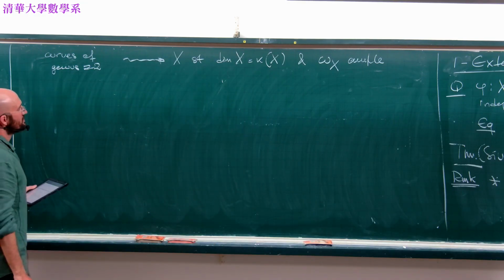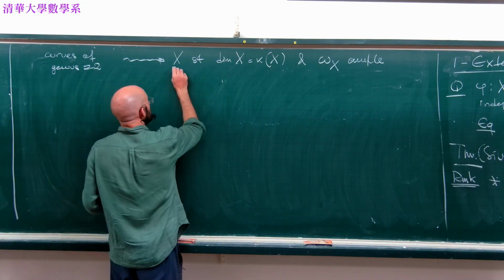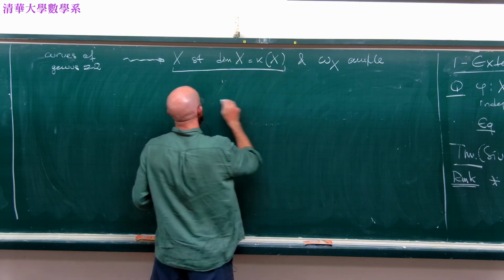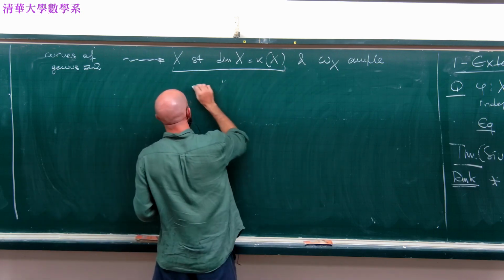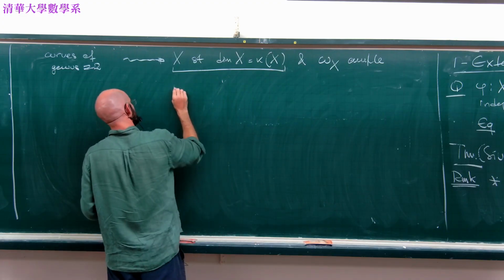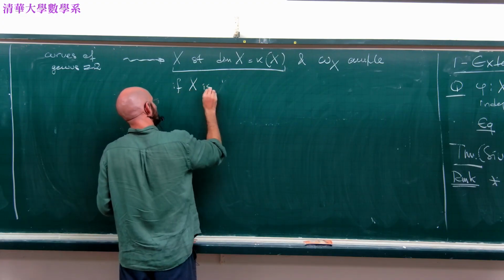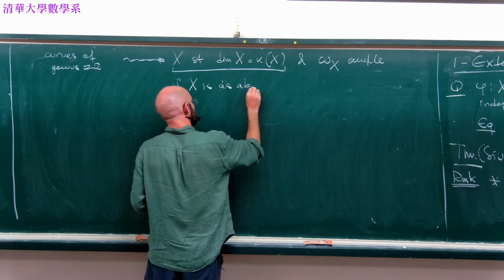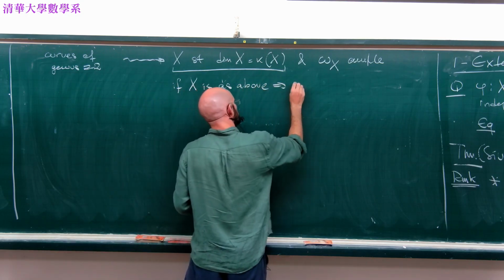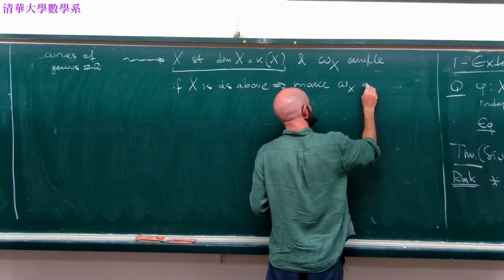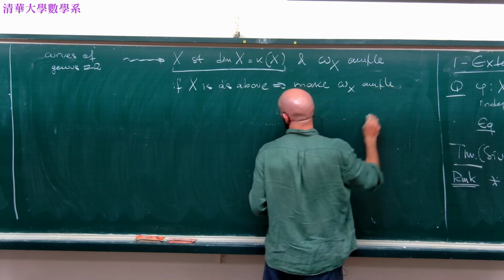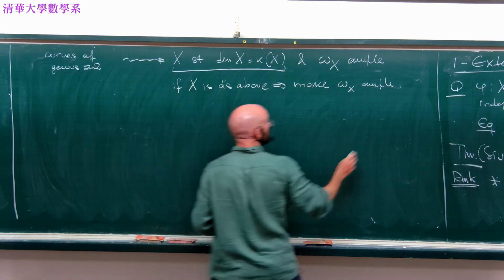And the good thing is that if X is as above, you can always make omega_X ample by taking the canonical model.